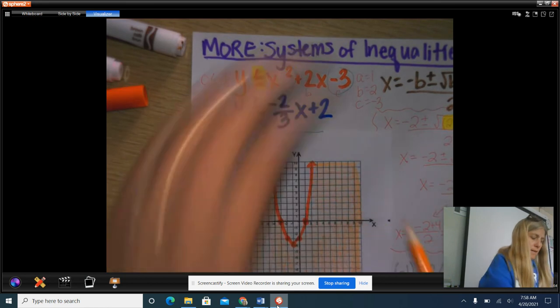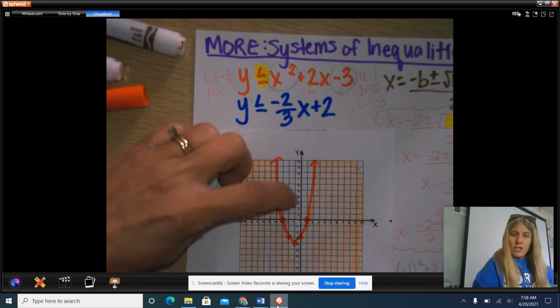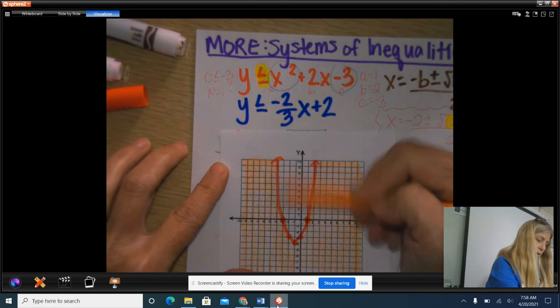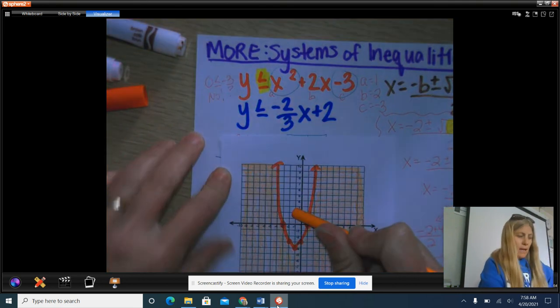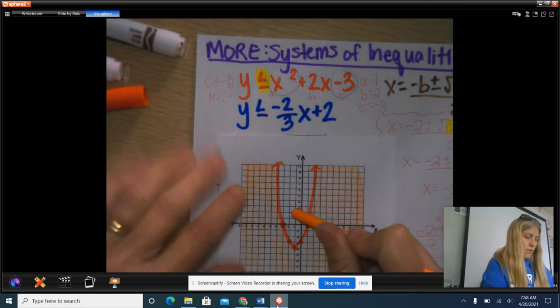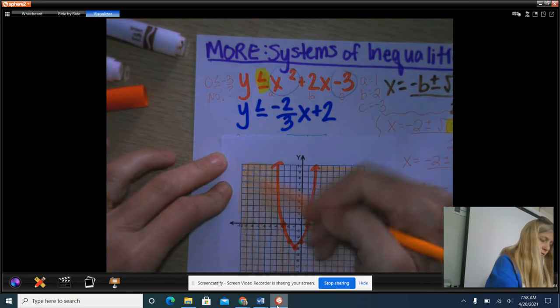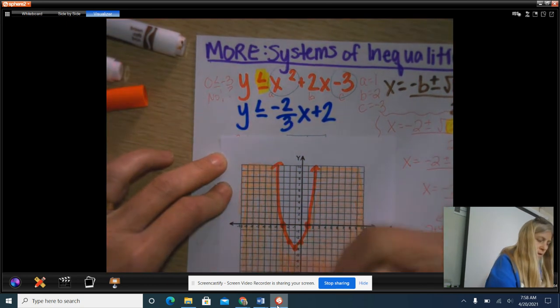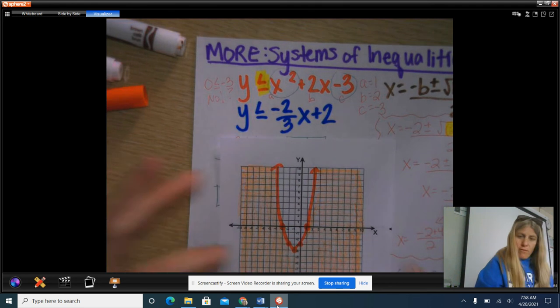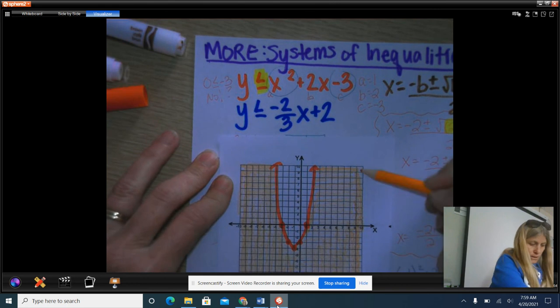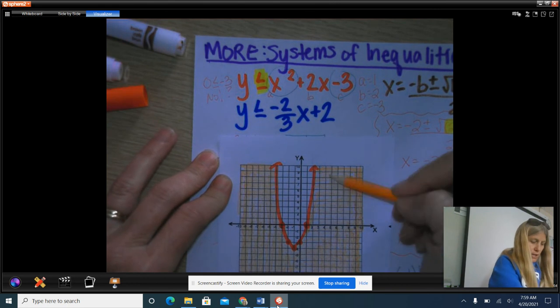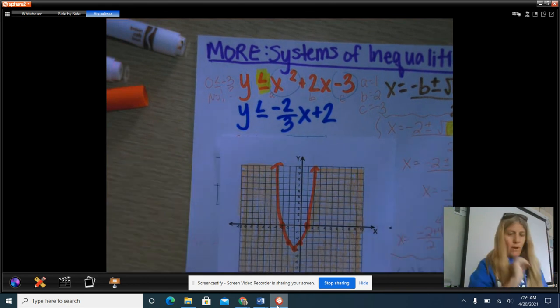Anything that is not shaded on the inside of this parabola, for example, the point (-1, 2), if I plug in a -1 for x and a 2 for y, that's going to make a false statement. So everything that is shaded, continuing forever in all directions there, is going to make it true, and anything that is not shaded is going to make that inequality false.